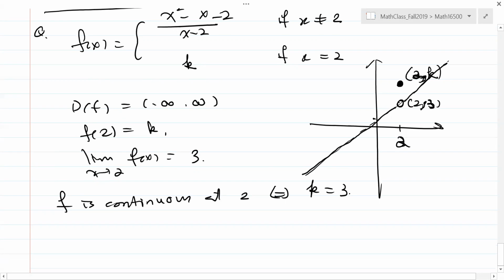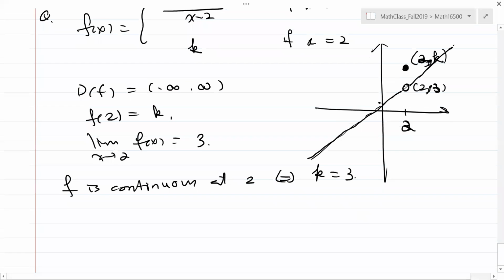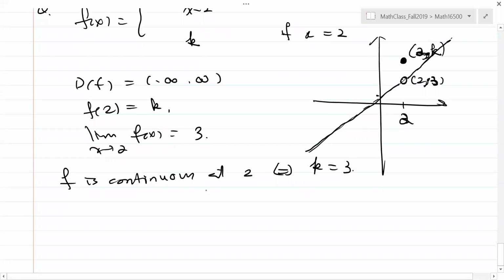So k is going to be 3. Only when k is 3, that means only when this dot is moved to that circle, then you get a continuous curve. Then the function is continuous. So we can say that f is continuous at 2 if and only if k is 3.